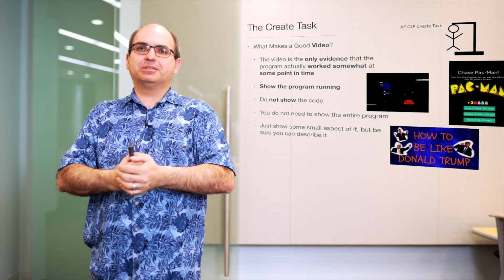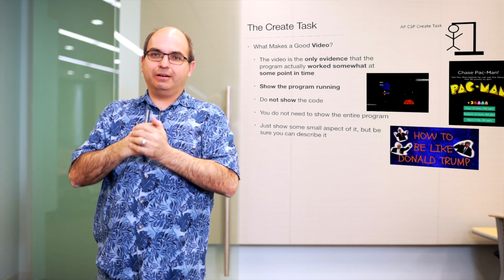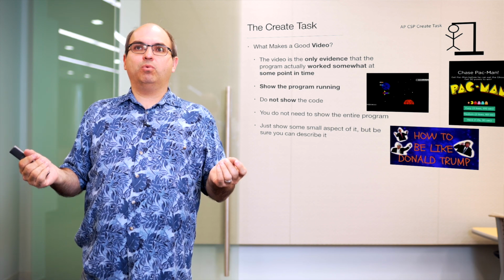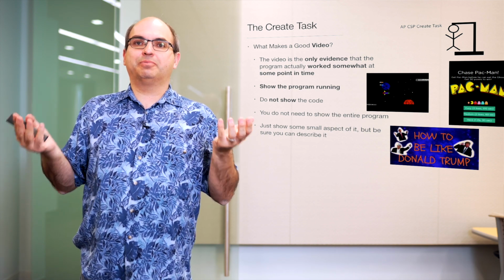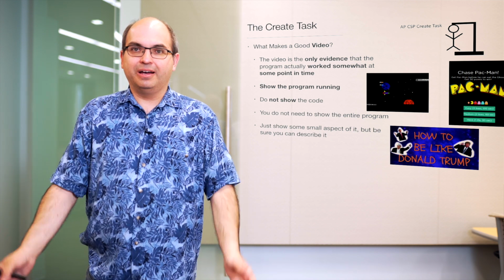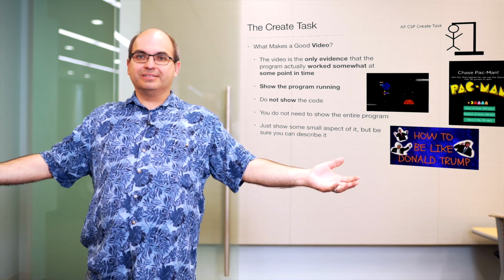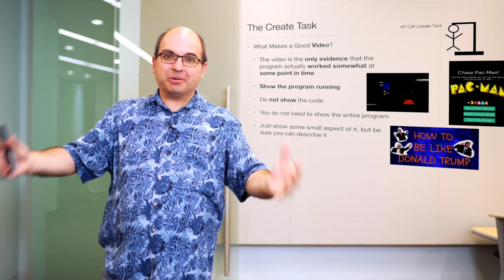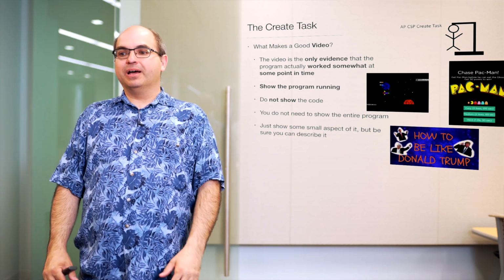Oh, and AP CS Principles was the best class in high school, and it was all very exciting. And at the end of that, we went, and where is the program that you wrote? We never saw it running. Sorry, right? No points. We never saw the program running, so we can't give it any points.